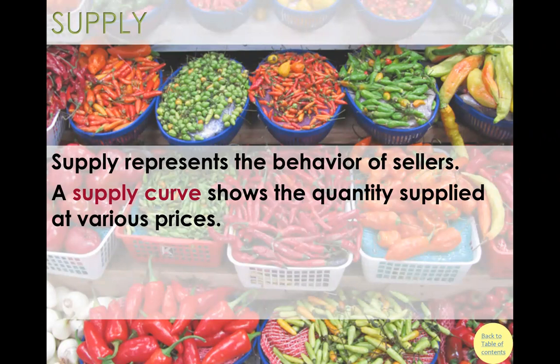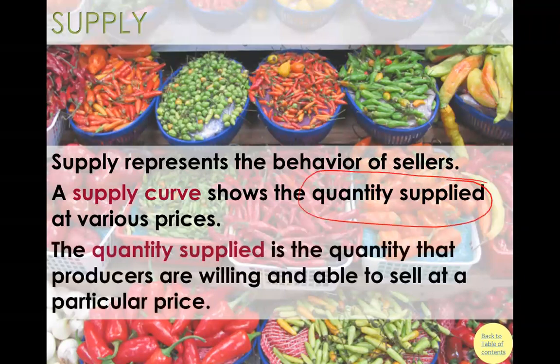The supply curve shows the quantity supplied at various prices, right? But what is the quantity supplied? Similar to quantity demanded, quantity supplied is the quantity that producers are willing and able to provide. There are two things, right? One is willing, the other is able. Able means essentially feasible, given their technology.